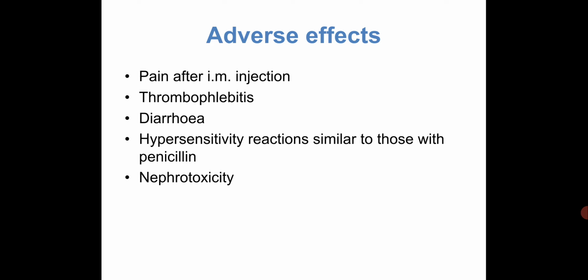Cefixime and cefpodoxime, which are given by the oral route, produce diarrhea. Okay, if the patient is allergic to penicillin, there is a chance of a hypersensitivity reaction developing with cephalosporins also. So if the patient has an allergy to penicillin, then we avoid cephalosporins in these particular patients.